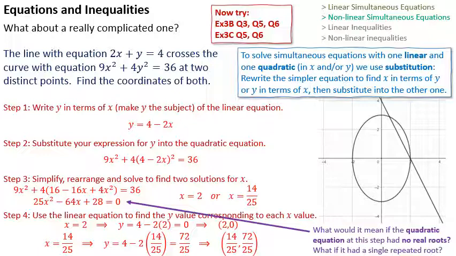What would happen if we get to that point, we have a quadratic equation, and it has no solutions? And what would happen if we got to that point and we found that the solutions were the same? It had a repeated root, just x equals 3 and x equals 3. Have a think about what that means and what that would mean for the line crossing the ellipse scenario.